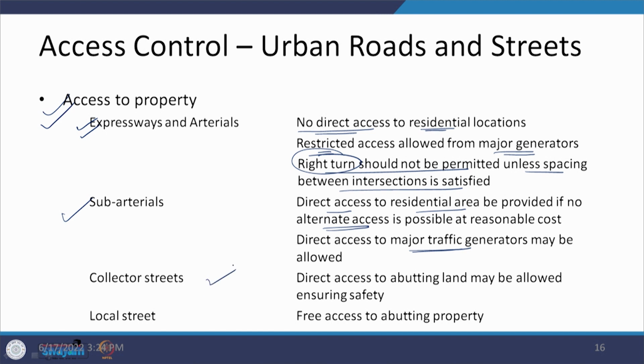For collector roads, for the abutting land, the direct access can be allowed, but when we are doing it, we have to see how the traffic is moving, what the movement patterns are, and what the composition of the traffic is. Based on that, the safety has to be ensured. And then finally, for the local street, everything is going to be free, because that access is going to be there from each and every house or activity area, so it cannot be controlled in that manner.